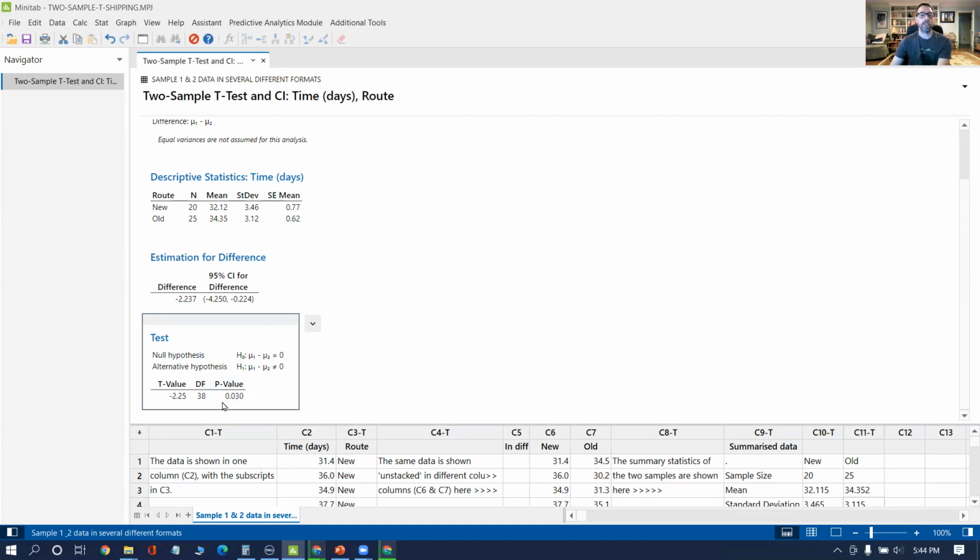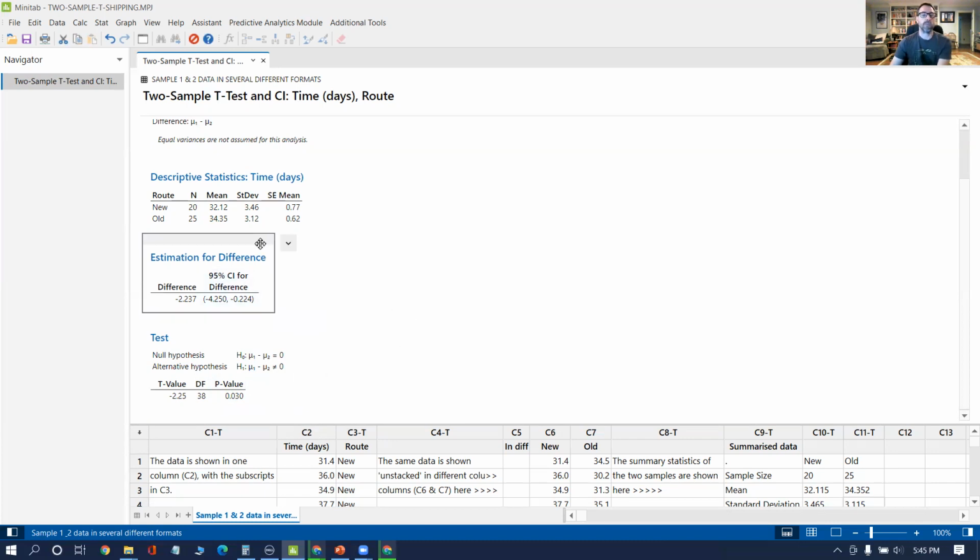The p-value I get is 0.03. If you remember, our alpha is 0.05. So this p-value is low. If the p is high, you keep the null, fail to reject the null hypothesis. If the p is low, the null must go. So reject the null hypothesis and conclude there is a difference in the average time it takes to ship goods to the old route versus the new route.